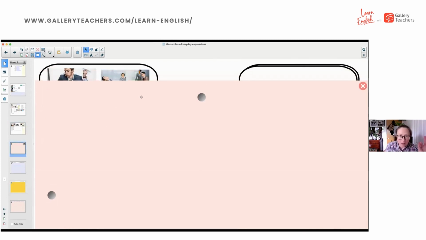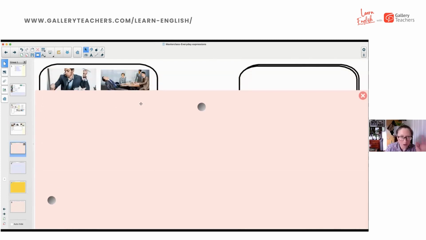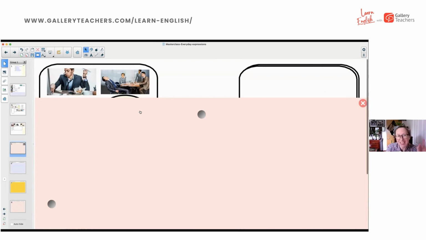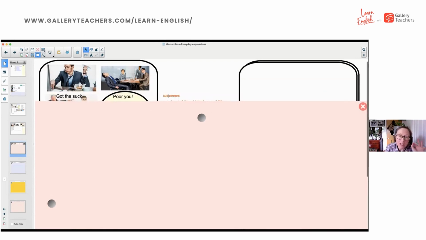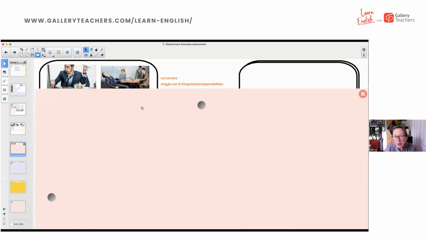So the next situation is, this is Alex. Now, as you can see, Alex is not an exemplary employee. Alex really likes to cut corners. Cutting corners means not doing things properly, like taking shortcuts.